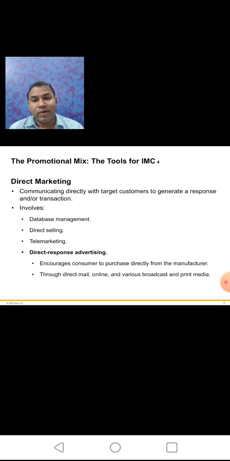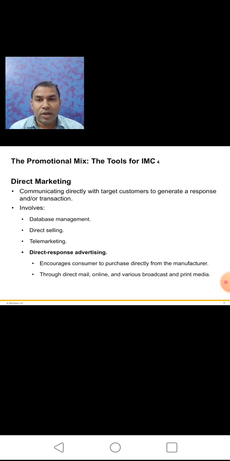Direct response advertising encourages consumers to purchase directly from the manufacturers through direct mail, online, and various broadcast and print media. Its main importance is to generate a quick response. Like we receive an email with some offers, and when we check that email, we directly purchase the product from the manufacturer.